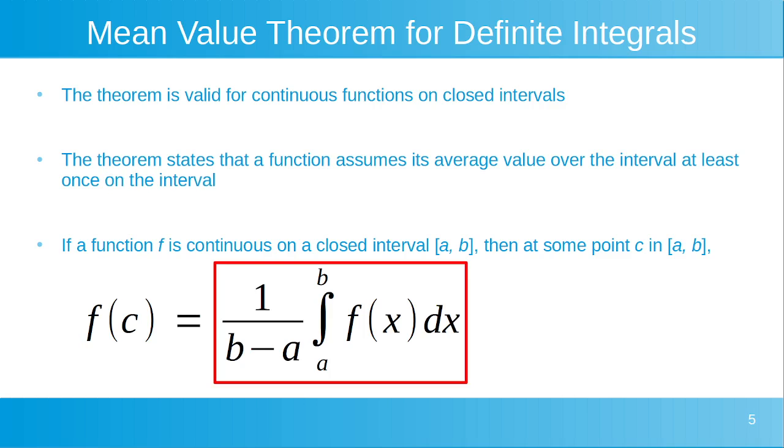These terms on the right hand side of the equal sign describe the average value of our function f of x over the closed interval from a to b. If you're unfamiliar with the terms after the fraction 1 over b minus a, that is a definite integral, this integral from a to b of f of x dx.